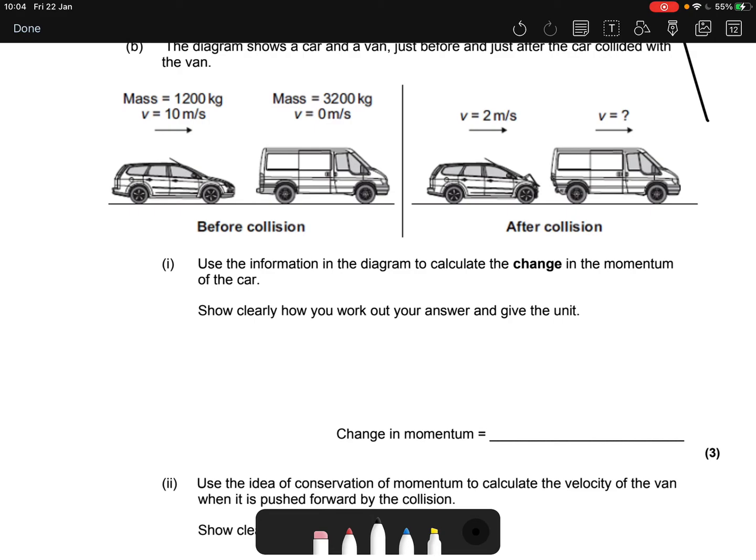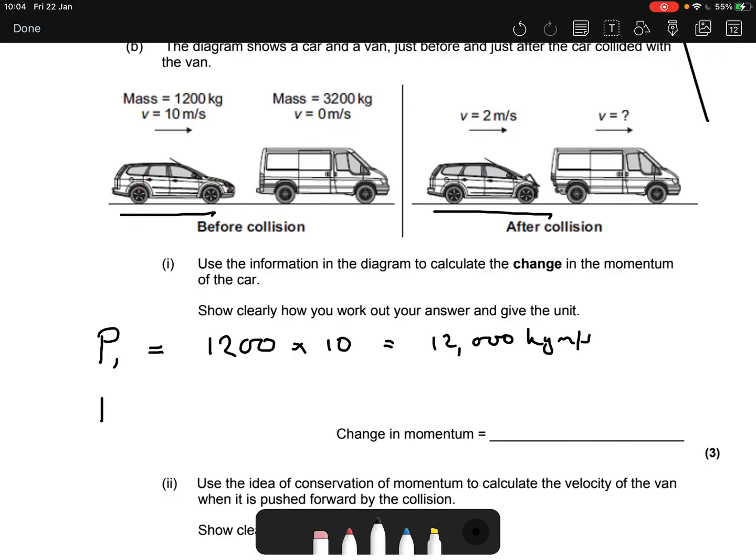Calculate the change in the momentum of the car. So I'm looking at that compared to that. The initial momentum of the car is 1200 times 10. Okay, that's nice and easy. 12,000 kilogram meters per second.